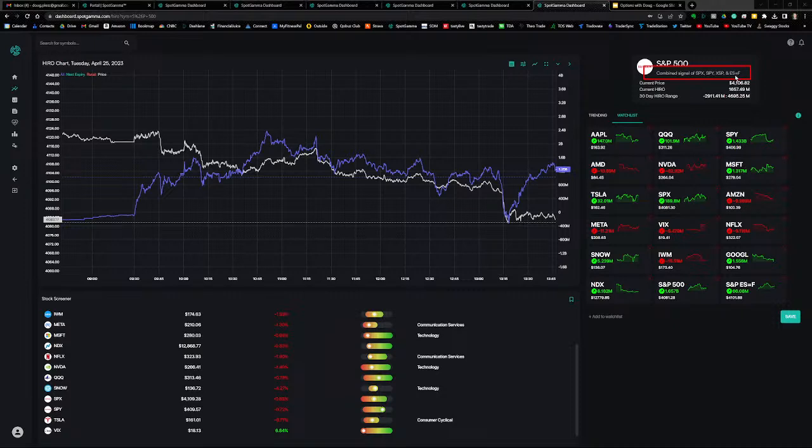So this is tracking options trades for all these instruments. That's shown with the purple line here, and then the white is showing price. So this is the S&P 500, and what this is showing is again options trades and market maker hedging activity, and it's a combined signal.